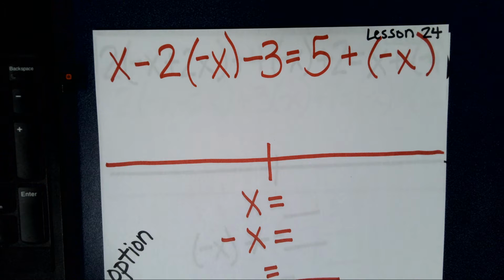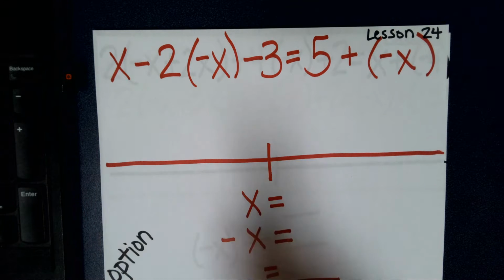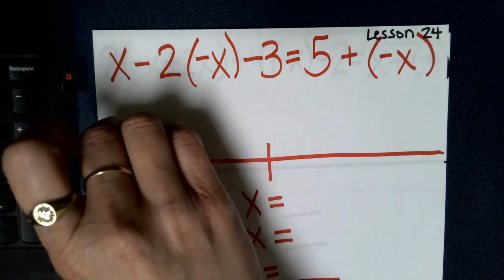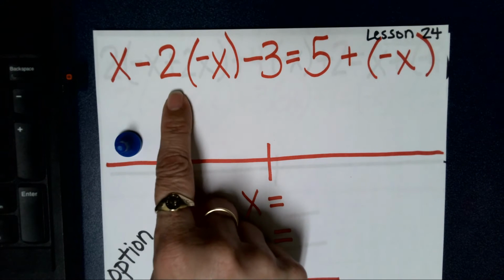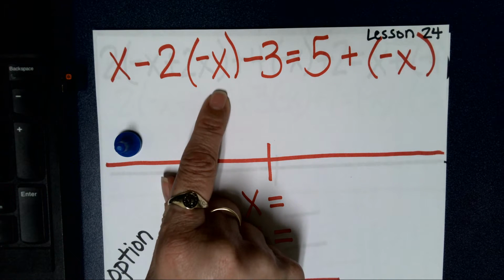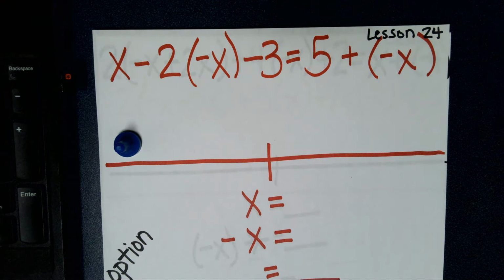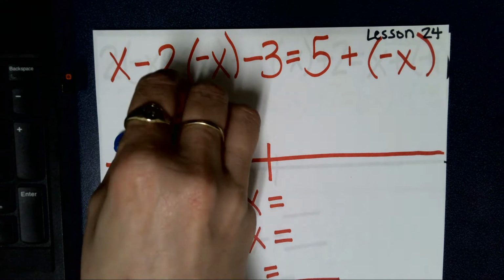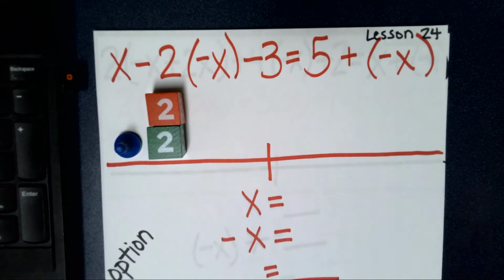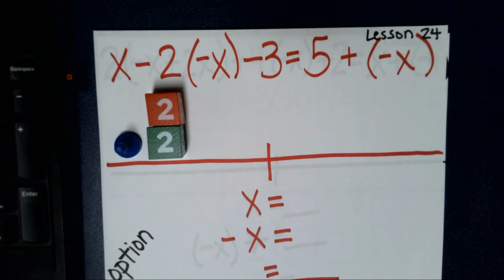So we're going to start out with an x with a blue pawn, and then it says to take away 2 stars or 2 negative x's. I don't have 2 negative x's, but I can create a 0 pair where I do have negative x's.